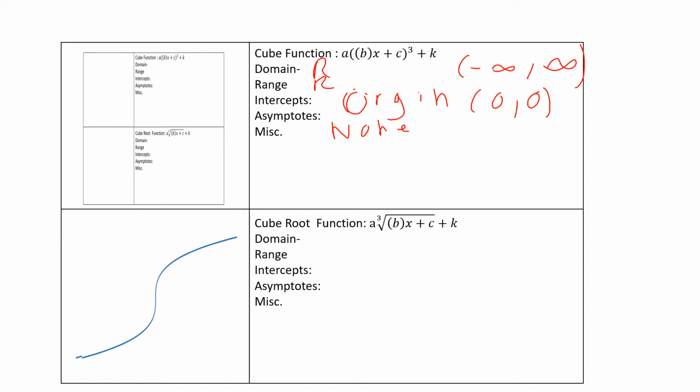In other characteristics, they have increasing and decreasing. Let me show you that. Check them humps out. Increase and decrease.